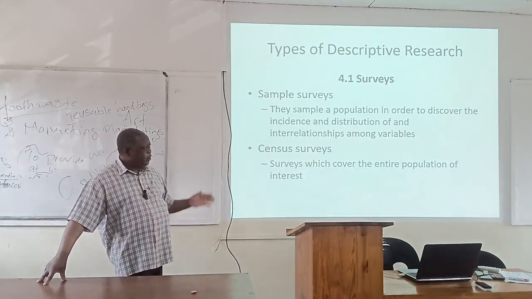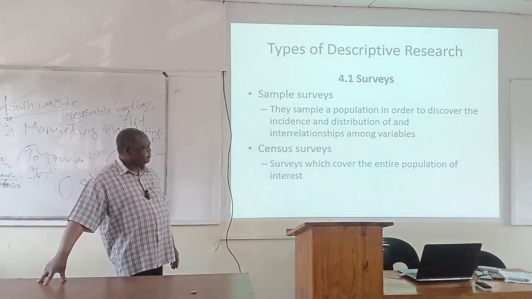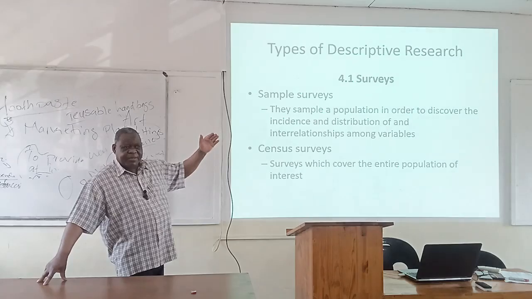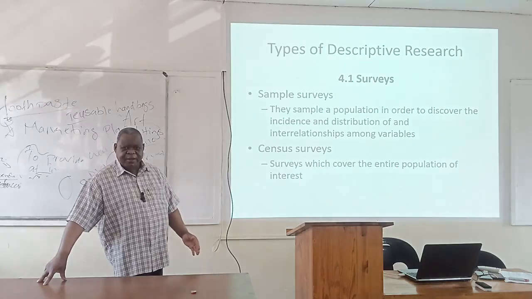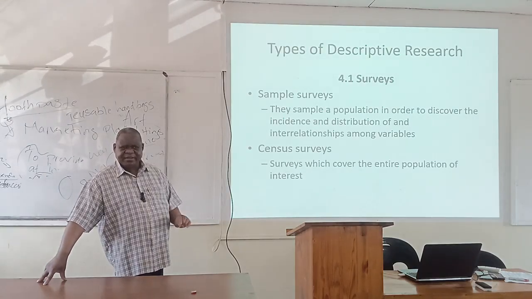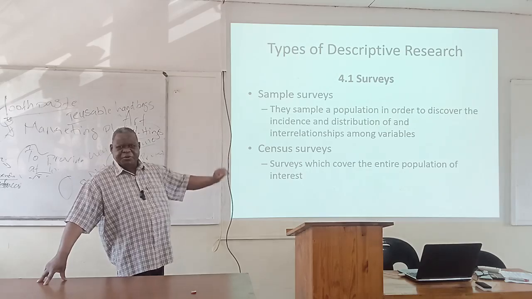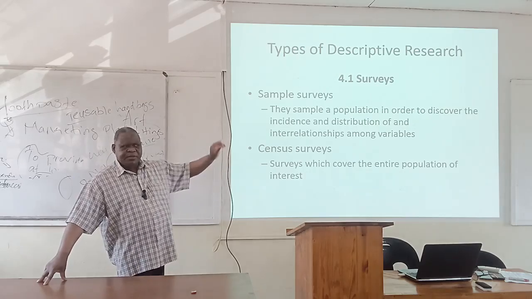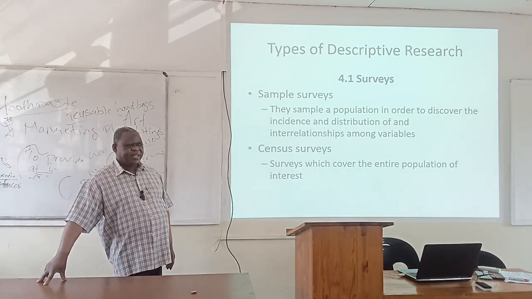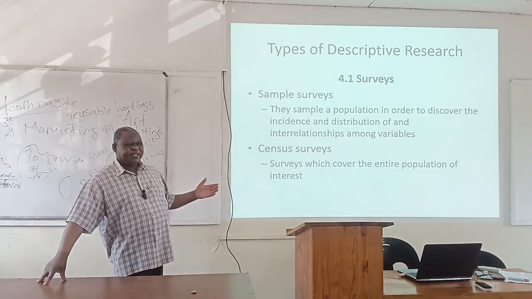If you are talking about income, some households have high levels of income, some households have low levels of income. What variables are making this distribution of income differ from household to household? Is it the employment rate?